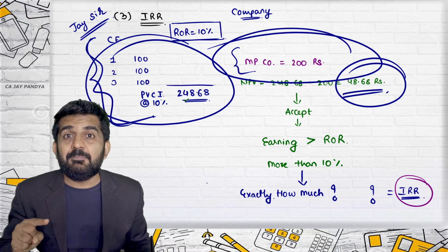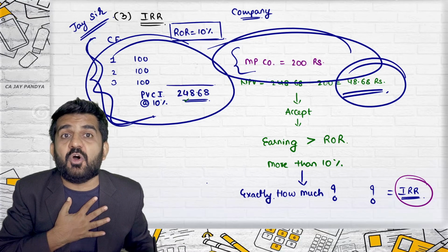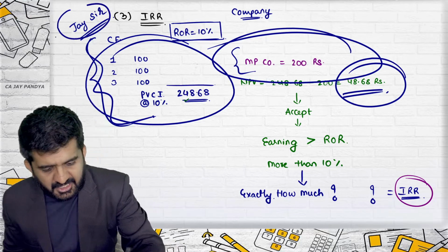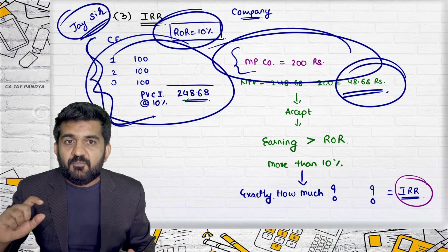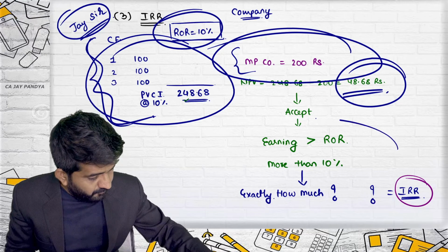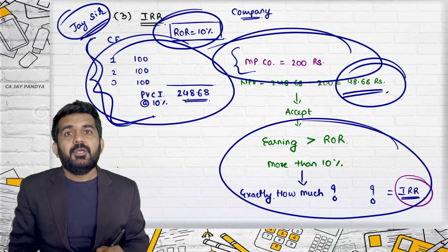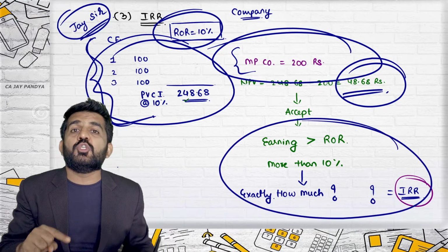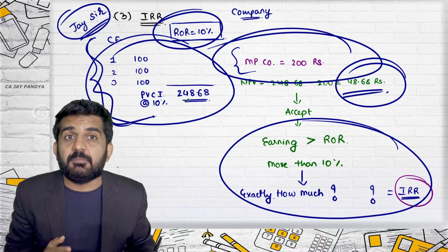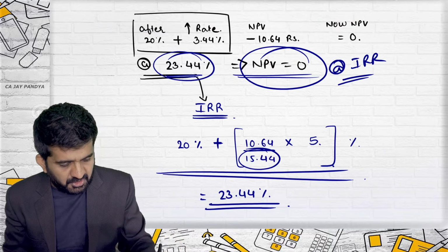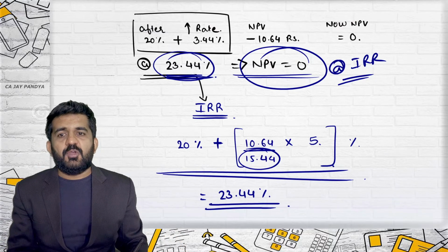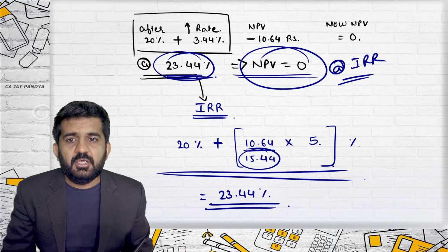It is NPV at the cost of capital rate, and the cost of capital is 10%. It is not 23.44. When someone asked me this, you accepted the project because your project is earning more than 10%, but how exactly is the project earning? That answer was 23.44. So all of you agree? Abhishek, Drashti, all of you agree?